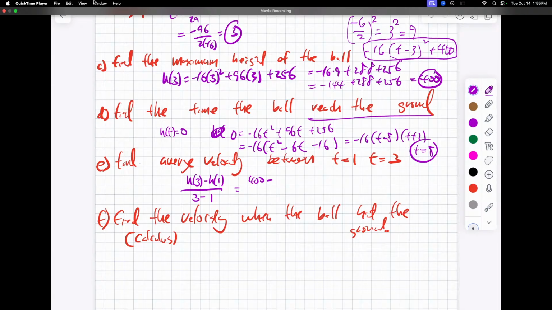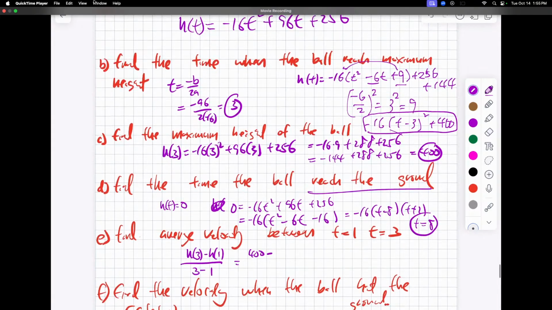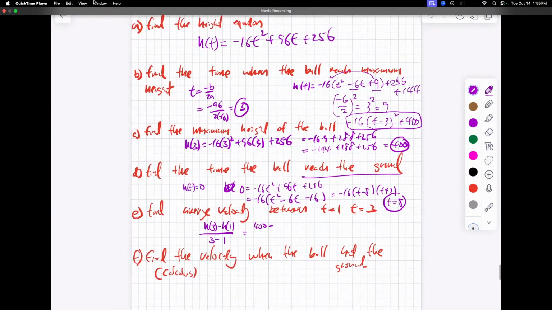What's h of 1? Well, h of 1 is plugging 1 in there. So that's going to give you 80 plus 256, so 336. 400 minus 336 is 64, over 2.